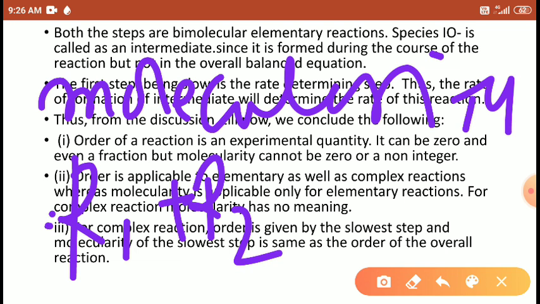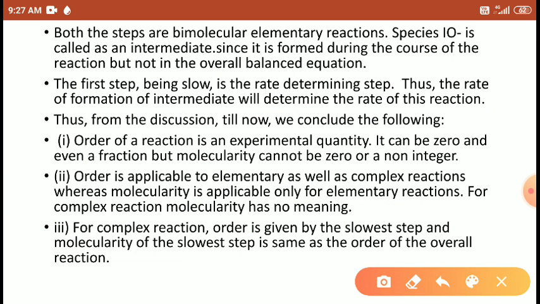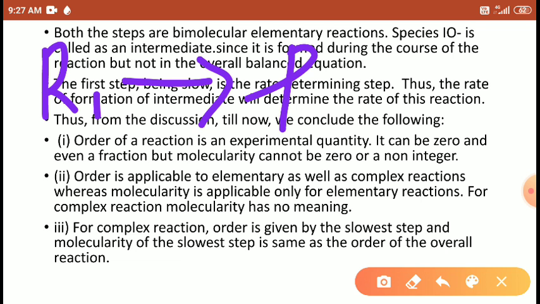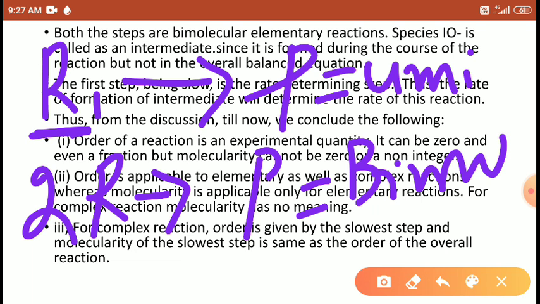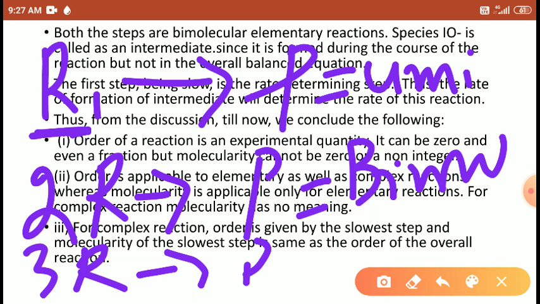If only one reactant is participating to form product, it is a unimolecular reaction. If two reactants are participating to form product, that is a bimolecular reaction. If three reactants are participating to form product, that is a trimolecular reaction.